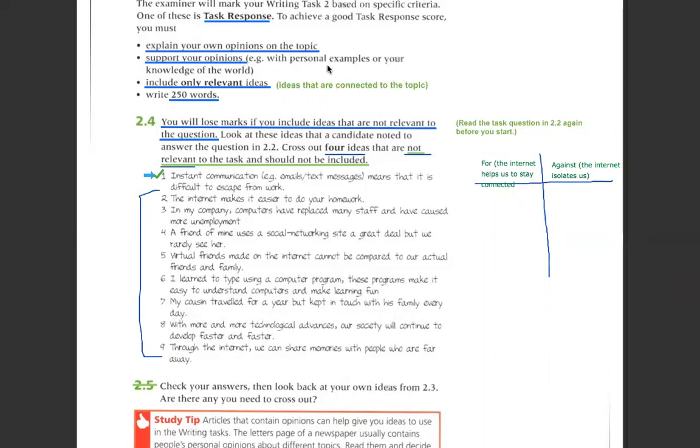All right, let's check the answers. So I'd like you to just type in the chat box the 4 numbers of the statements that you think are not relevant. So please type all 4 numbers in the chat box.